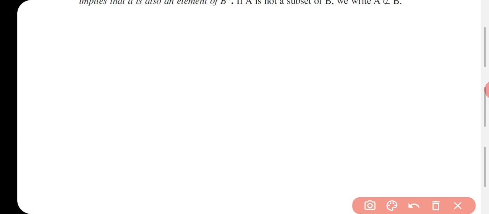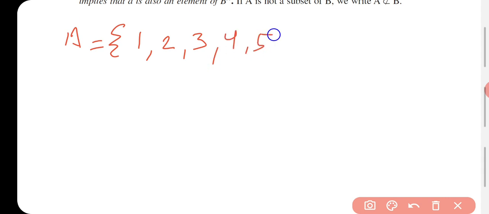Let's say there is a set A whose elements are 1, 2, 3, 4, 5, and the set form is roster form, because all the elements are separated by commas and within braces.